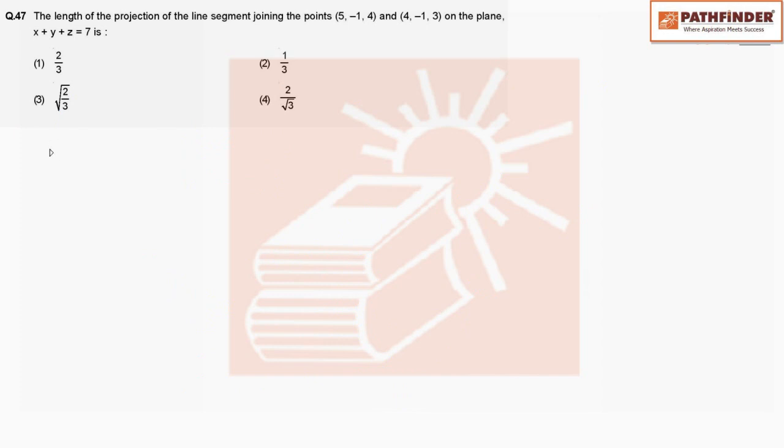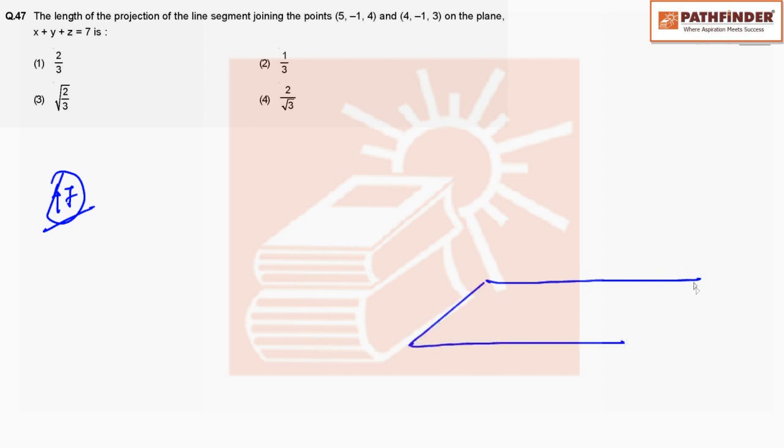Now the next question is question number 47. In that case, they are asking to find the length of projection of this segment. So we have to draw a figure, because this is a plane and this is one line segment AB.